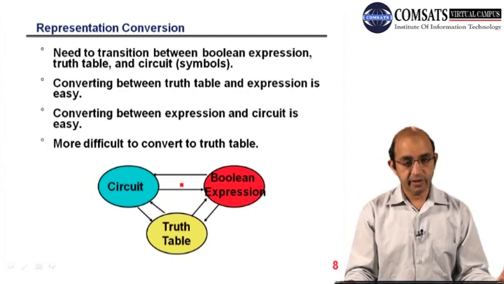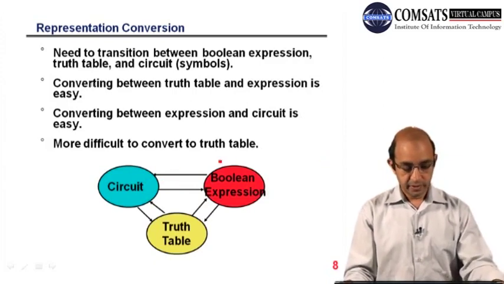You can see arrows connecting those different units. From a circuit you can go to the Boolean expression, and if you have the Boolean expression, you can design the circuit, and you can also draw the truth table. Whatever is convenient for you.